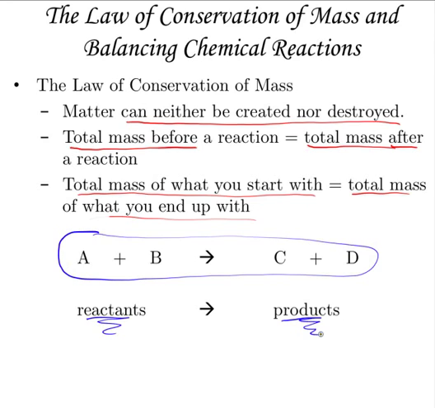And we can go ahead and verbalize this the following way, that A combines with B to form C and D, or A and B yield C and D, or A and B make C and D, whatever you're more comfortable with. And basically, if we were to apply the law of conservation of mass, this is telling us the following, that the total mass combined of A and B will be equal to the total mass combined of C and D.